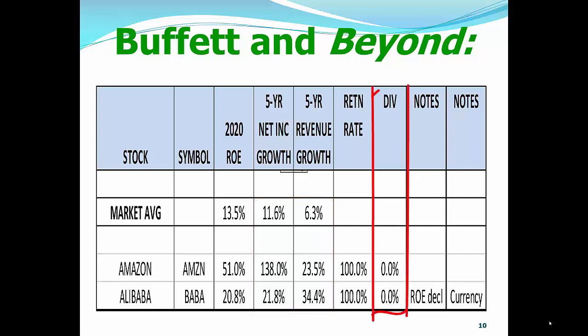They don't pay dividends, which means they're both putting all the money they're making back into the companies in order to grow. And when we look at the notes on Alibaba, the thing that worries us is the decline in the ROE for Alibaba, while Amazon's ROE is going up. And then also for Alibaba, the currency exchange.